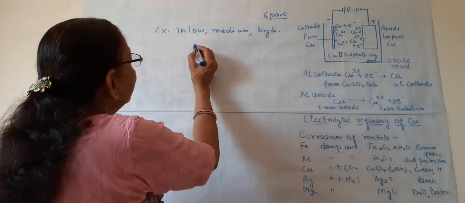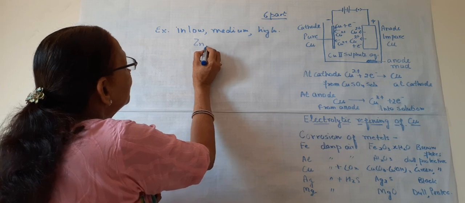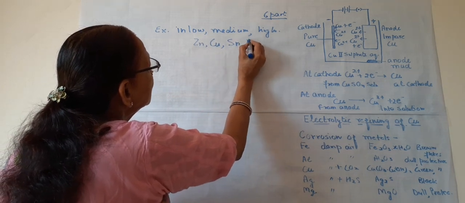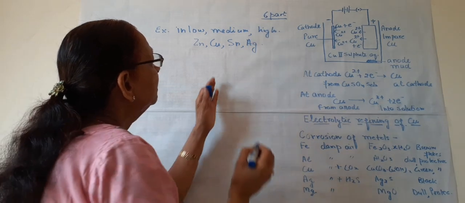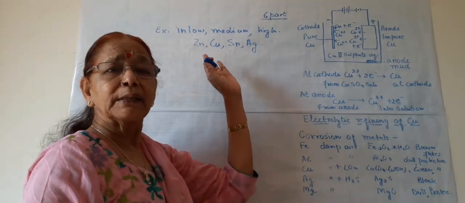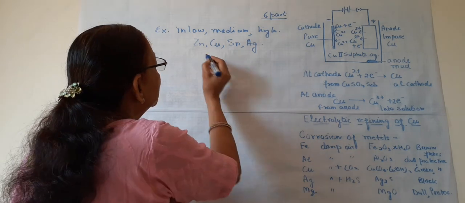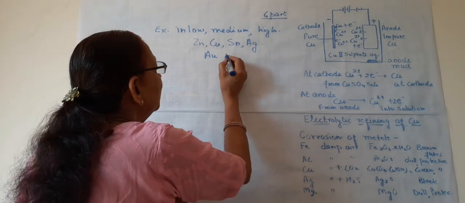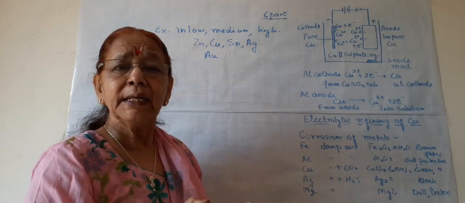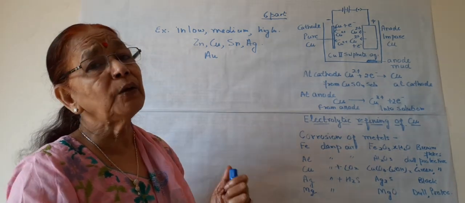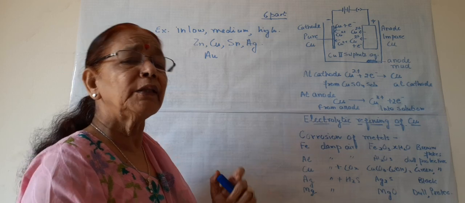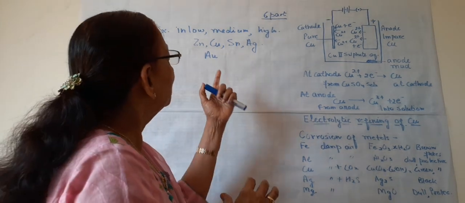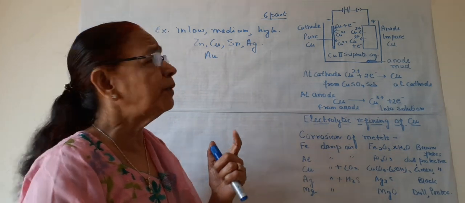The electrolytic refining is done for metals like zinc, copper, tin, silver, which we get from the extraction processes. But some metals like gold are found in free state in nature. They are not combined with other chemicals or other metals, but still they are not very pure.